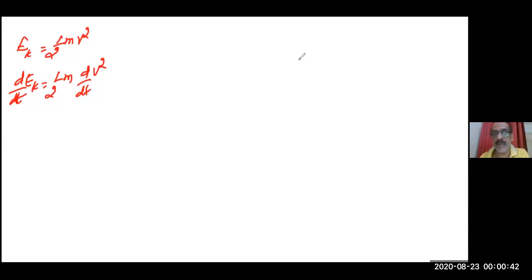Now let us have differentiation. d by dt of v squared is nothing but 2v into dv by dt.